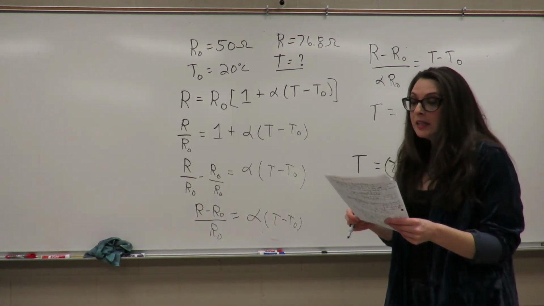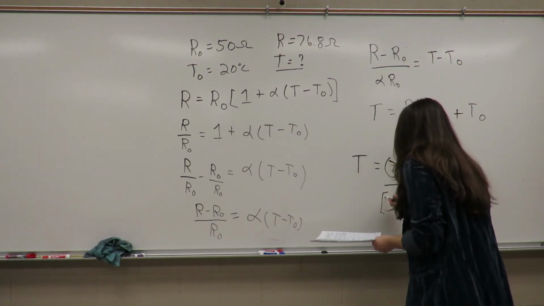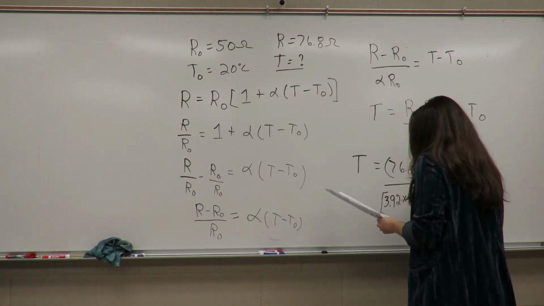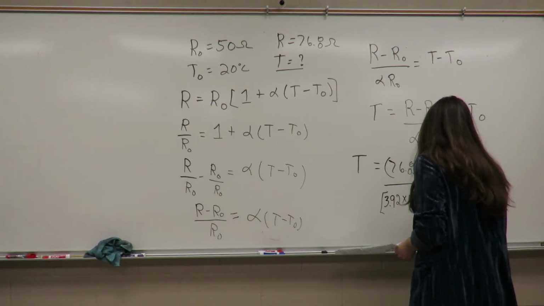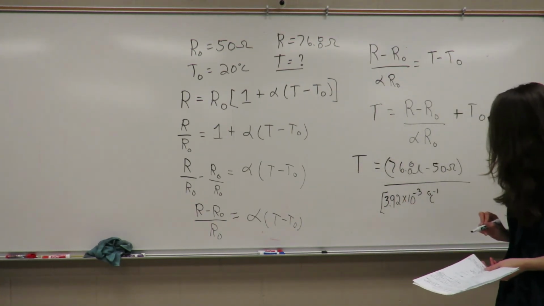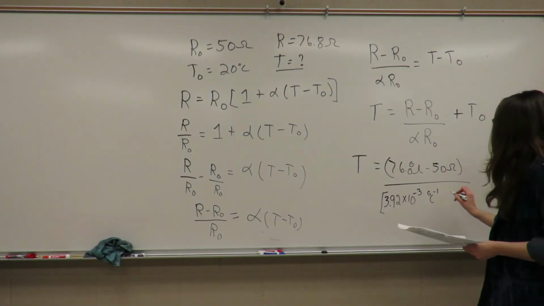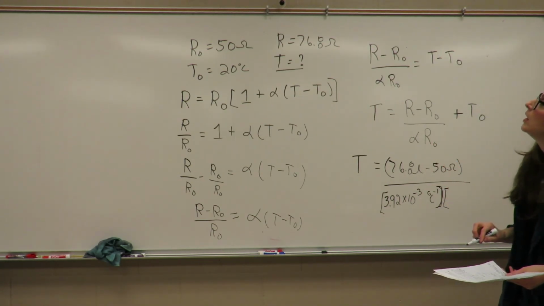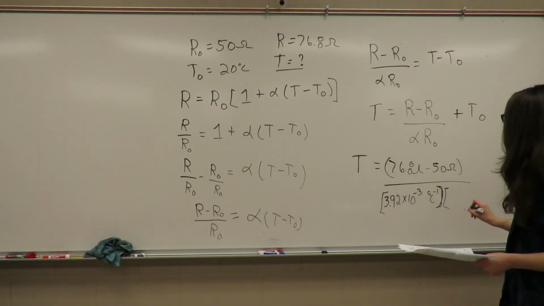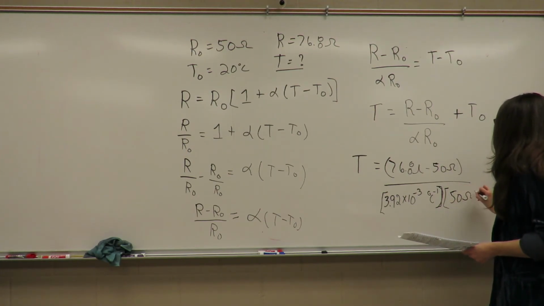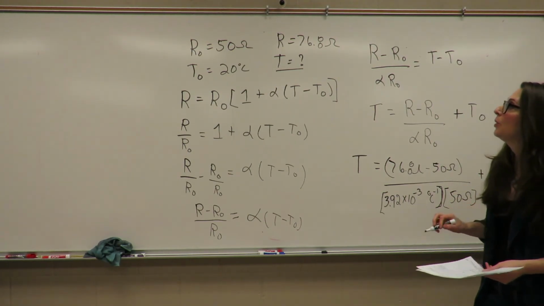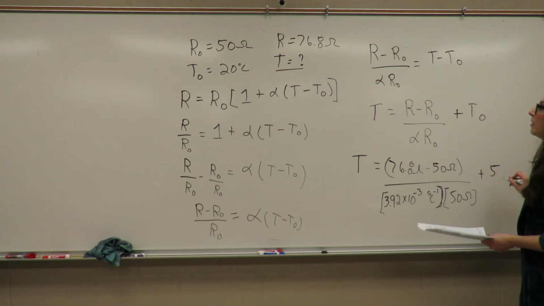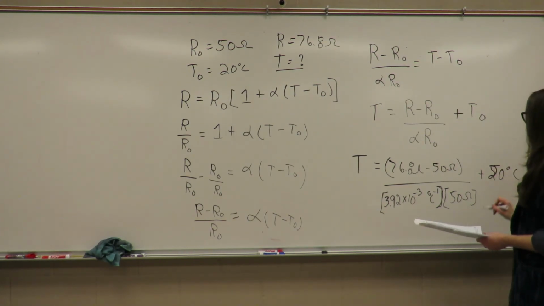And for indium, that value is 3.92 times 10 to the minus 3, and it has units of inverse degrees Celsius, and then we're going to multiply that by our reference resistance, which is 50 ohms, and then add that to our reference temperature, which is 20 degrees Celsius, okay?